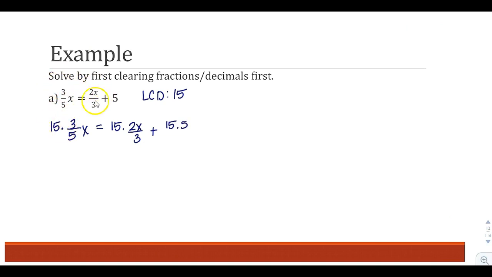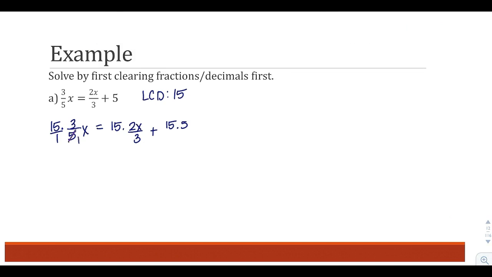So each term, even if it doesn't involve a fraction, so even the 5, gets multiplied by the LCD. So now, at this point, what we can do is simplify. So here, this is 15 over 1. So I can divide 5 into 15. I can reduce. So I'm going to go ahead and do that.